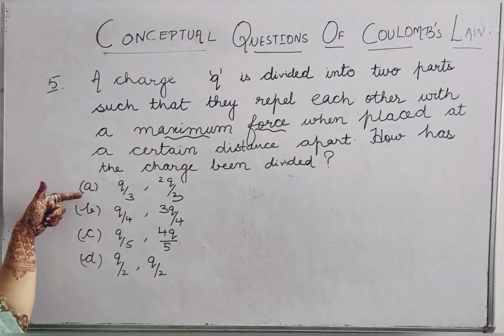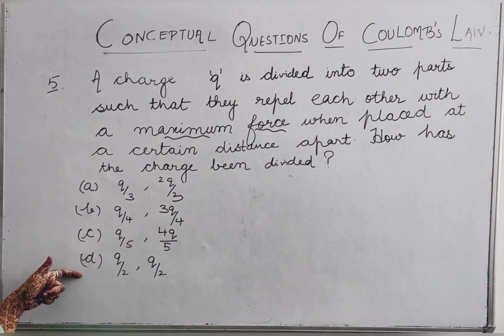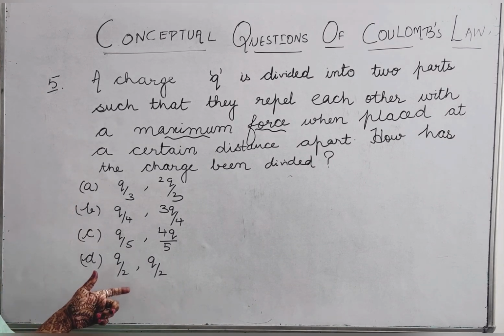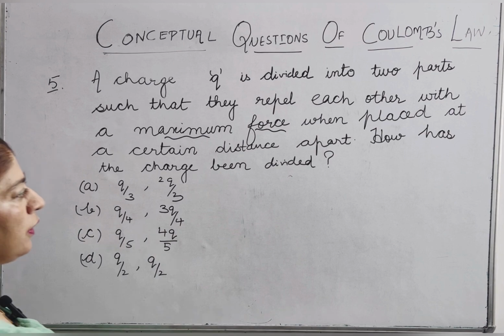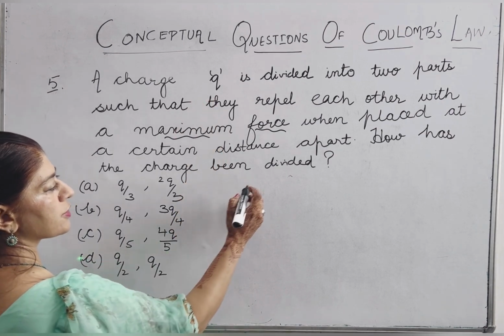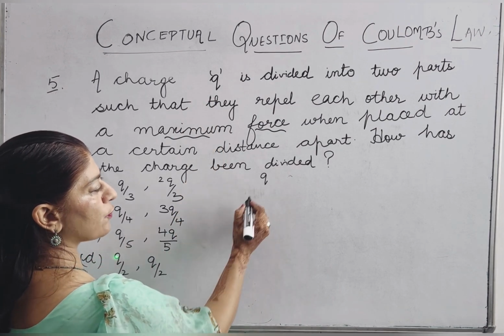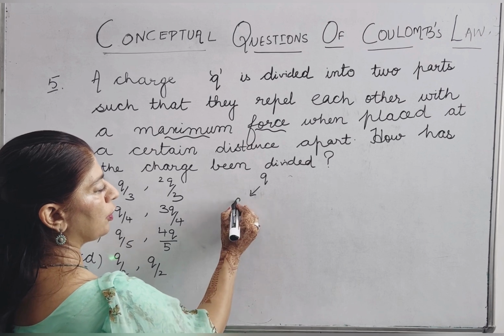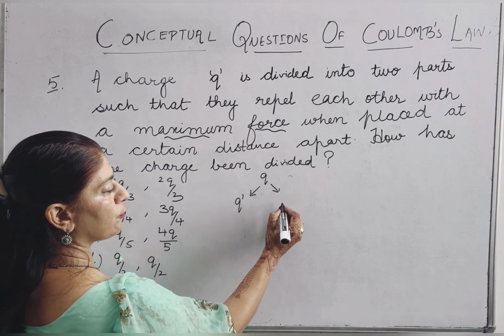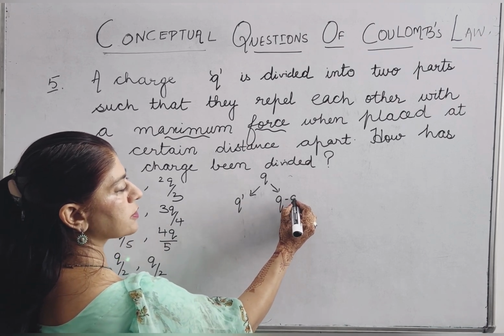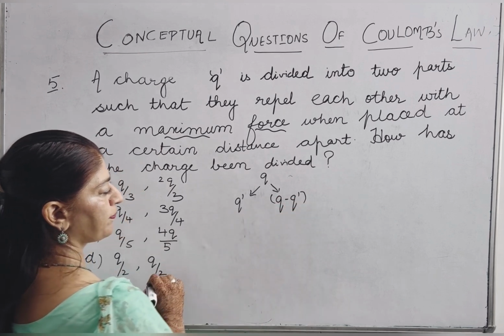So these are the options. Four options are given. For the division of them, we have to find the correct one. Let the given charge be Q, that is divided into say Q dash. The other part will be Q minus Q dash.